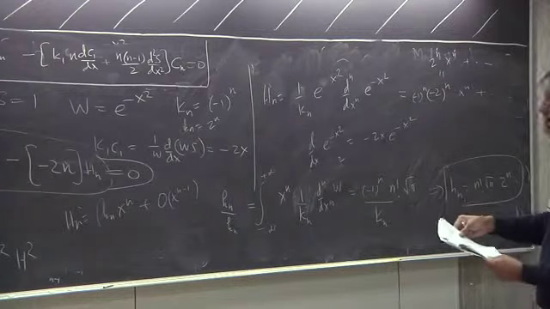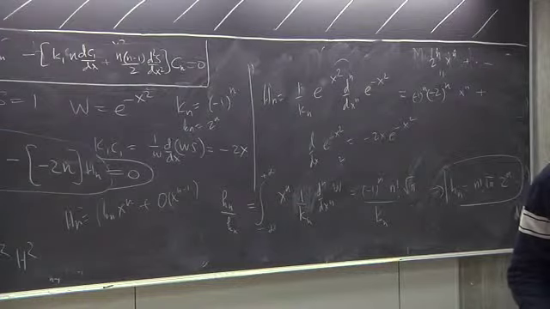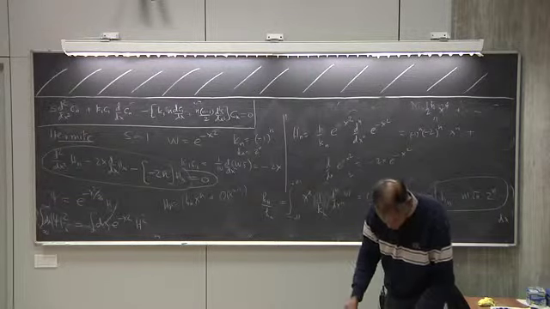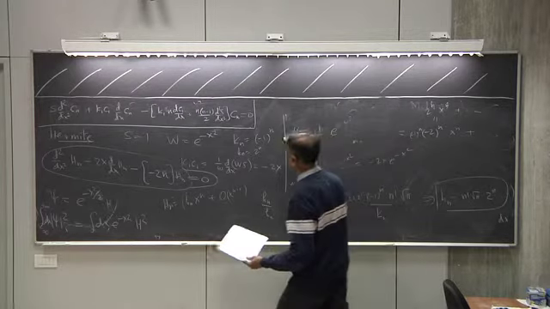Now I wanted to just do the Laguerre, just the differential equation for Laguerre, and then I'll stop. So Laguerre and Legendre. So let's see, what is it for the Laguerre case?